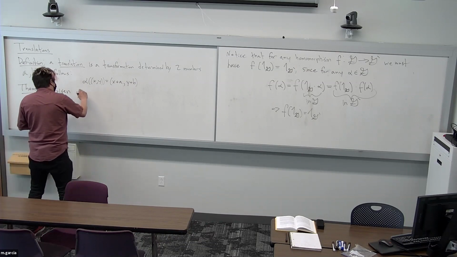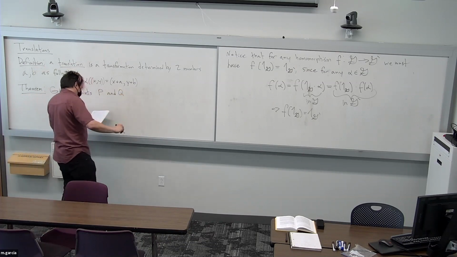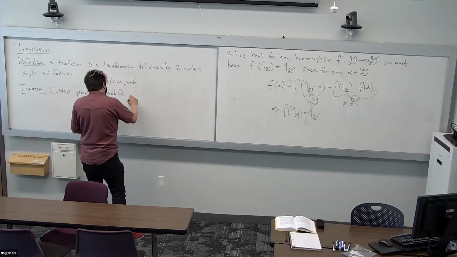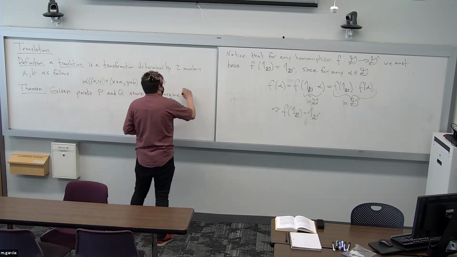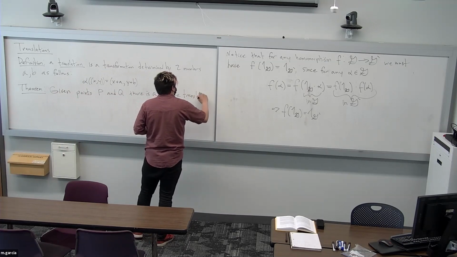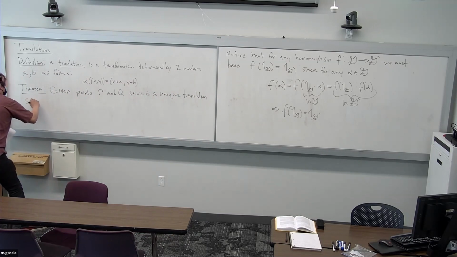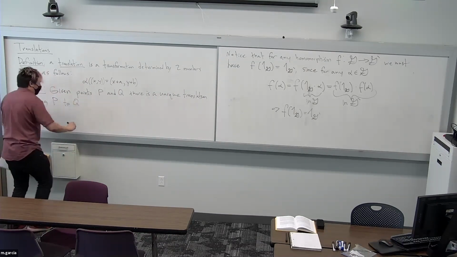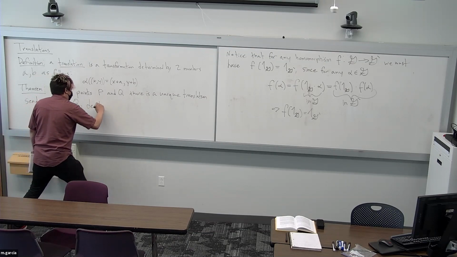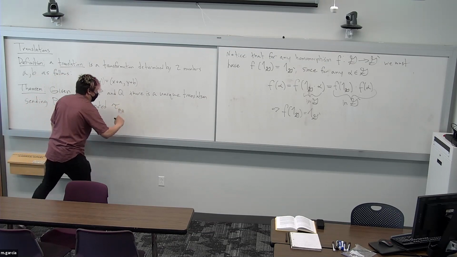Okay, so given points P and Q in the plane, there is a unique translation sending P to Q, which we denote tau sub P, comma Q.